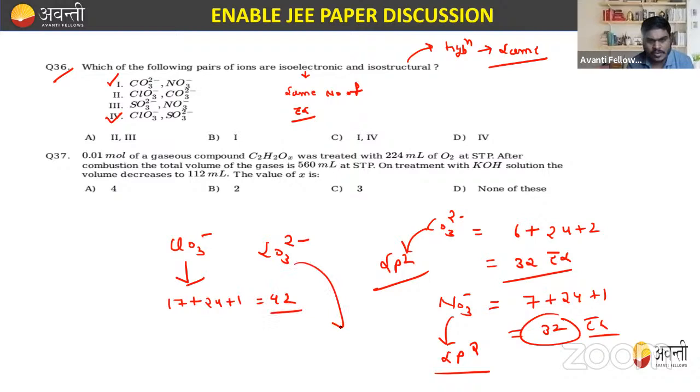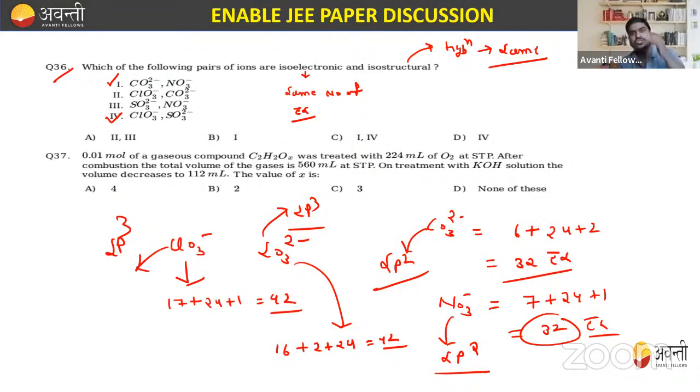Similarly, SO3 is 16 plus 2 plus 24, that is 42. They are also isostructural in nature, and their hybridization is sp3 for both. So compound number 1 and compound number 4, these two are isoelectronic and isostructural in nature. So these two are the correct statement.